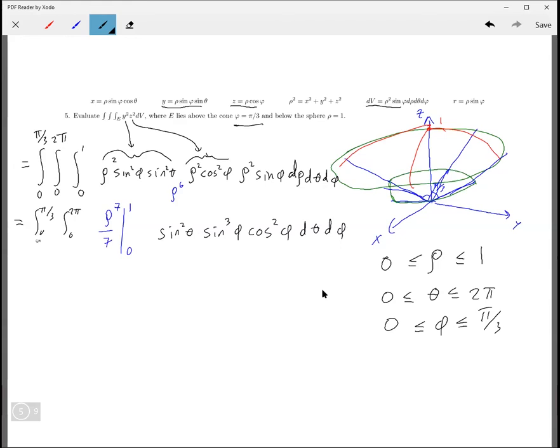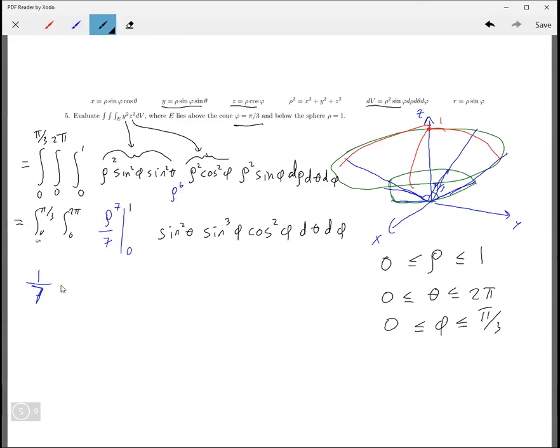Okay, so you have, okay, this is just going to give you 1/7, right? Right here, evaluated from 0 to 1.